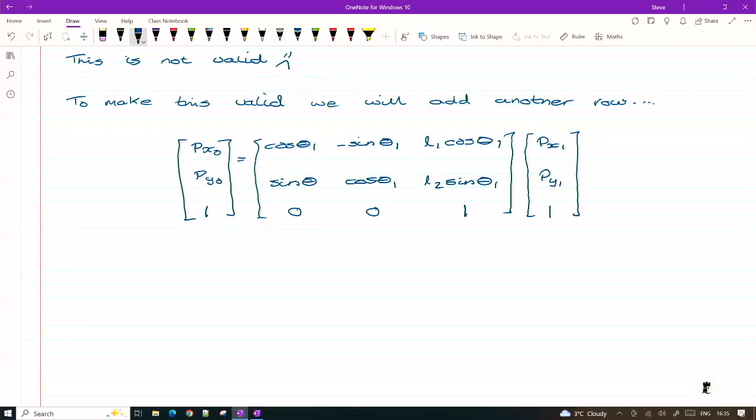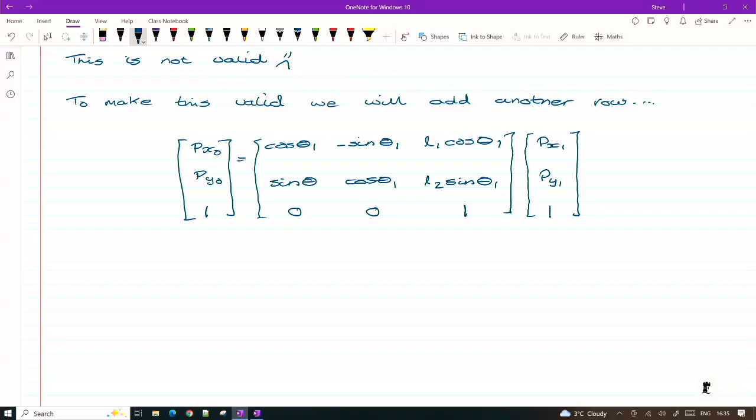Okay? So we've come up with a matrix formulation for the problem we're trying to solve, given our joint variables, and we know the physical parameters of our links, which are simply the lengths in this situation.